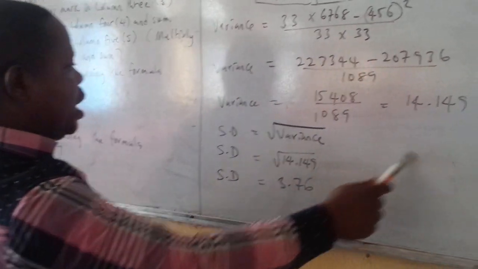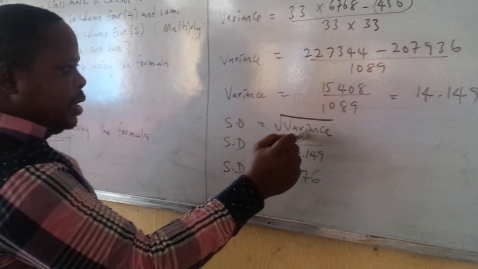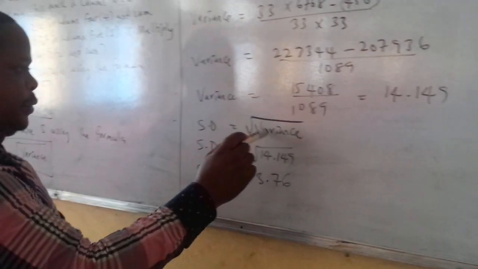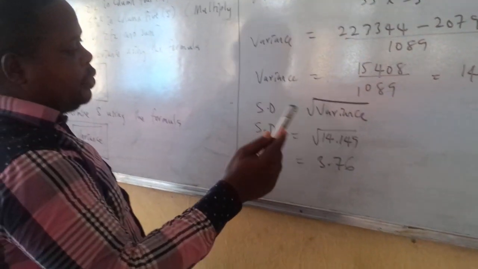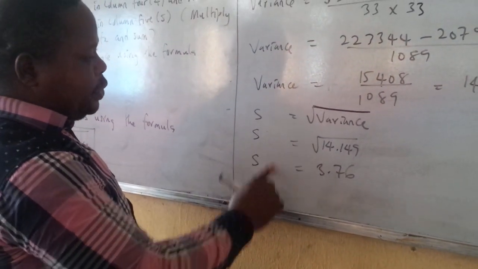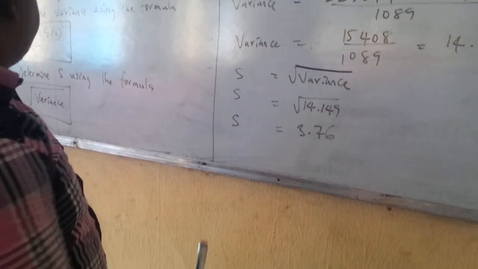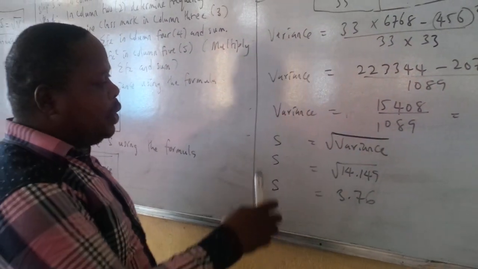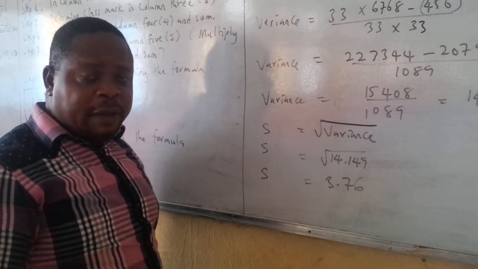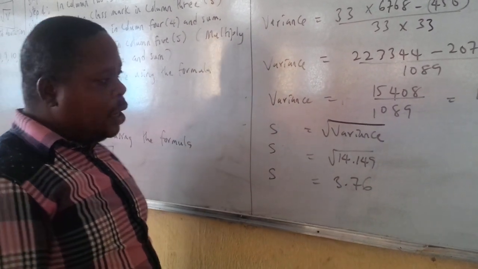14.149 is the variance. And then the standard deviation is the square root of this 14.149. Of course, let's use x to represent standard deviation. We have been using x consistently, so let's maintain x, even though some textbooks write SD.